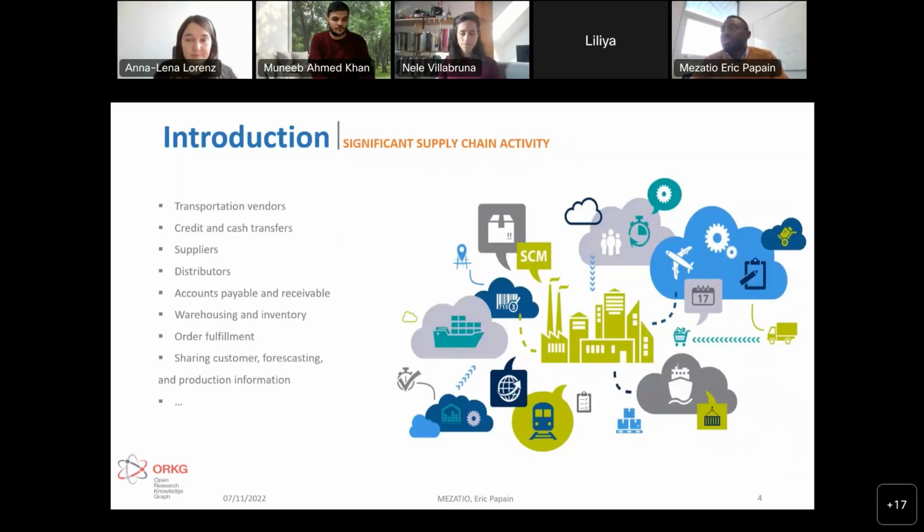So what is significant in the supply chain? In the supply chain, you have a lot of activities like transportation, supplier selection, distributor selection, and the problem of localization and allocation.